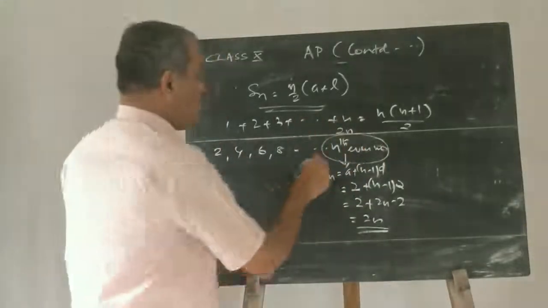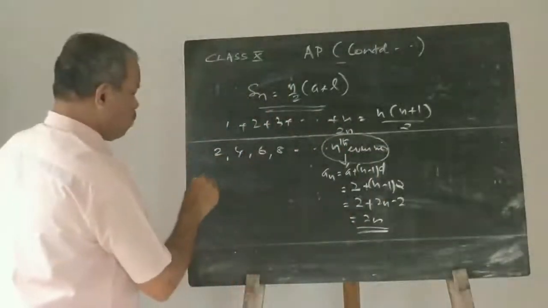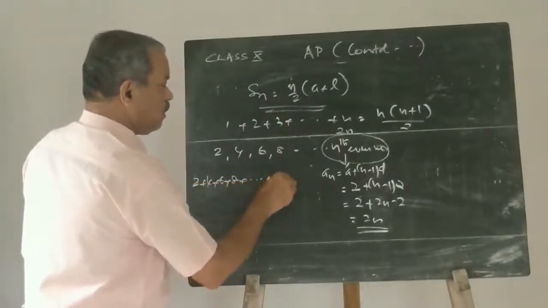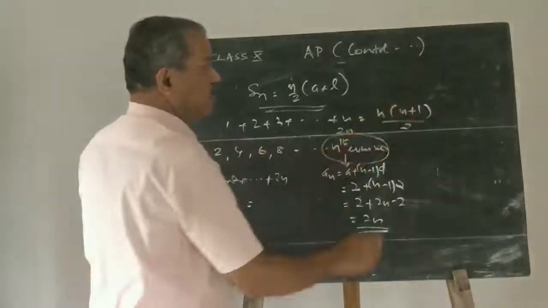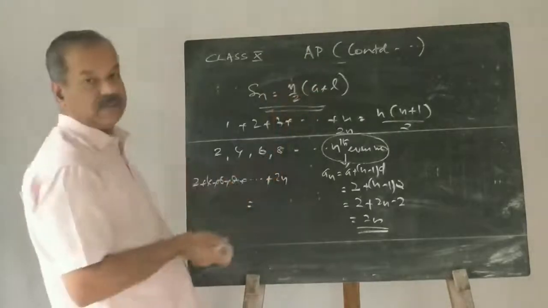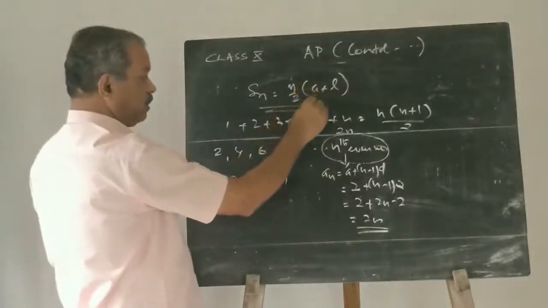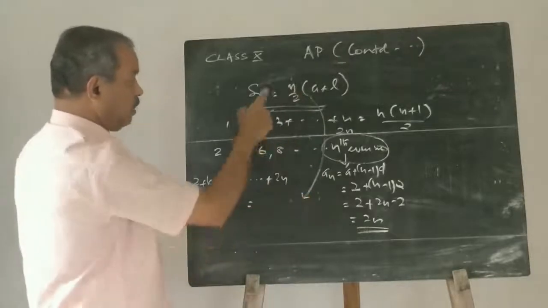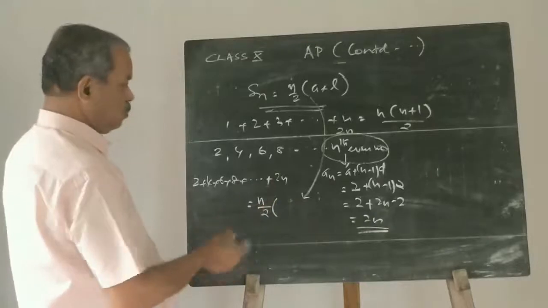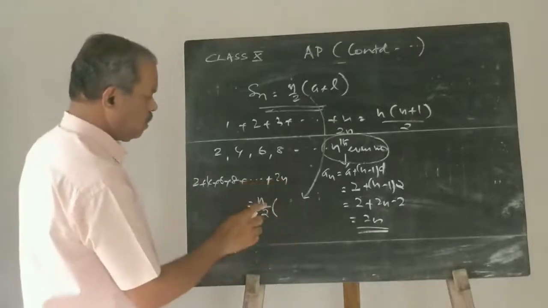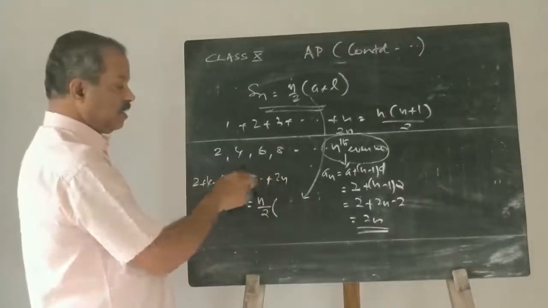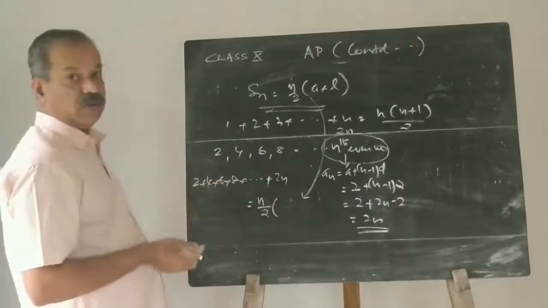Now, what is the sum of 2 plus 4 plus 6 plus 8 plus etc. plus 2n? Using the idea of n by 2 into (a plus l), we can find this sum. Sum equals n by 2, there are n terms, and the nth term is 2n.